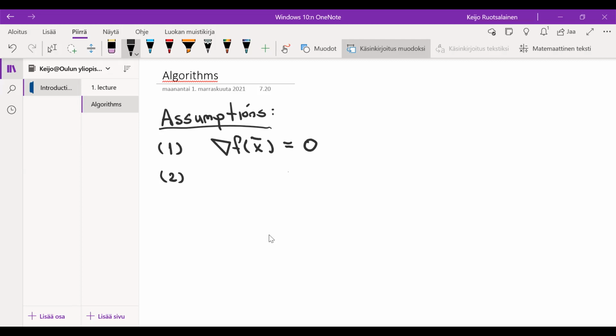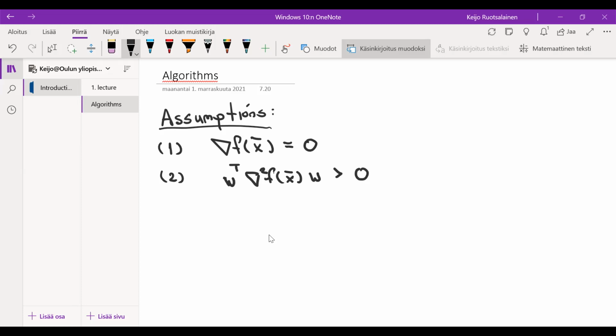is either f is convex, but I make a little bit more. So I assume that the second derivative is positive definite.